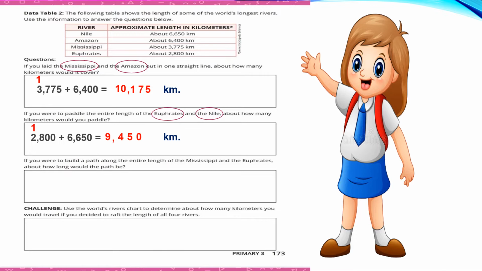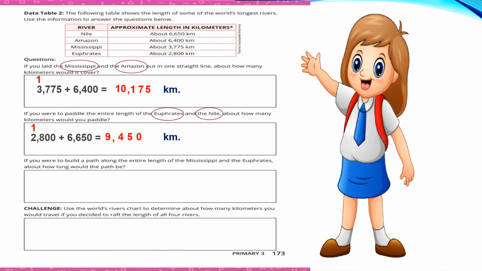Number 3. If you were to build a path along the entire length of the Mississippi and the Euphrates, about how long would the path be? Also, like the previous example, the whole length of them, make plus.